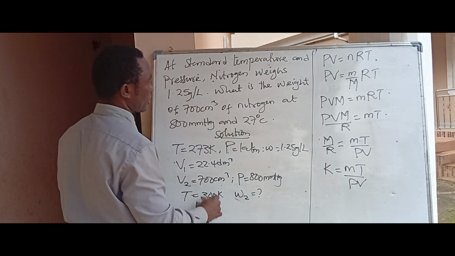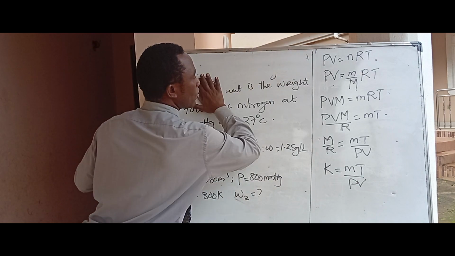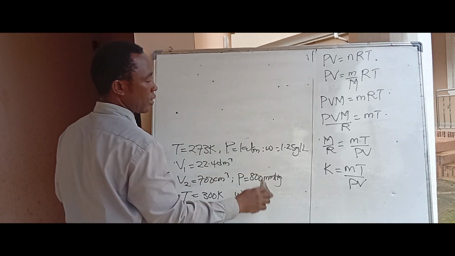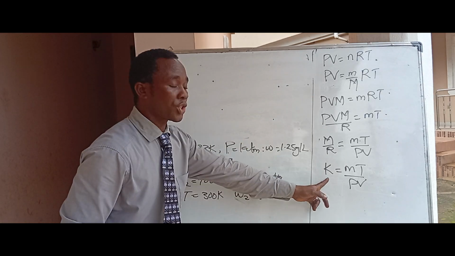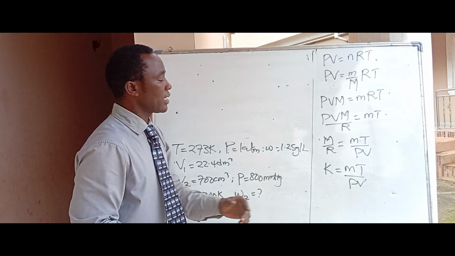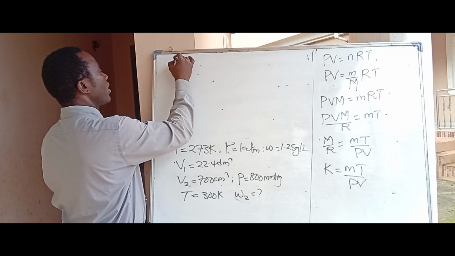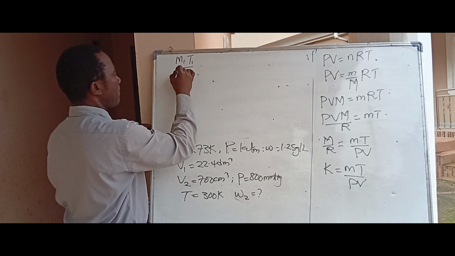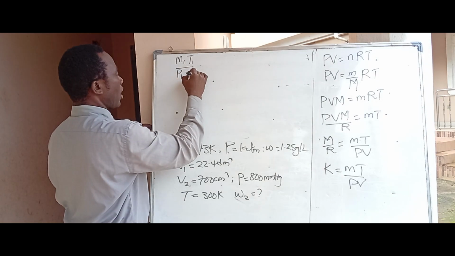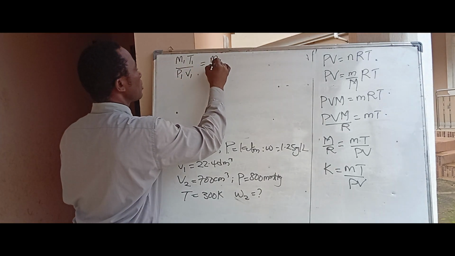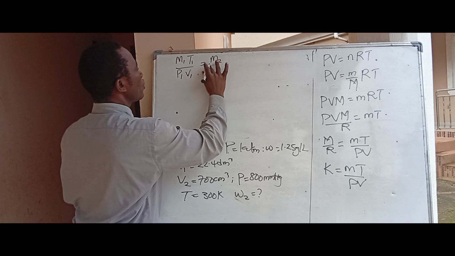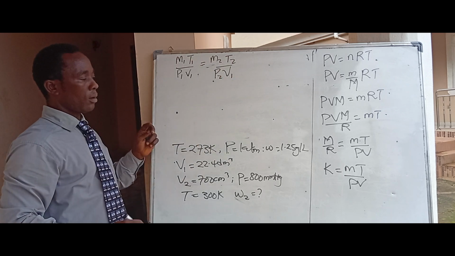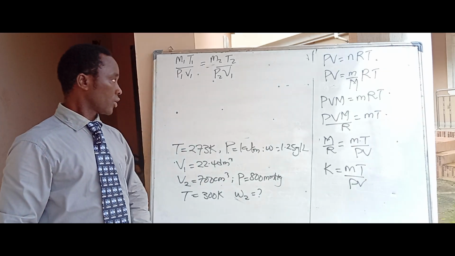If this is constant, what happens under standard temperature and pressure, and at different conditions? If K is equal to this, that means at different conditions, m1 T1 over P1 V1 will be equal to m2 T2 over P2 V2.